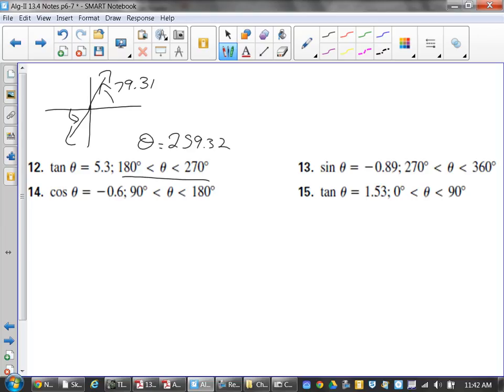259.32. Okay. Sine value is negative 0.89. Remember, sine value goes between first and fourth, so it probably gave you a negative angle in the fourth quadrant. They gave you a reference angle of, negative 62.87. So it's bounced to the fourth quadrant, it's a negative angle.